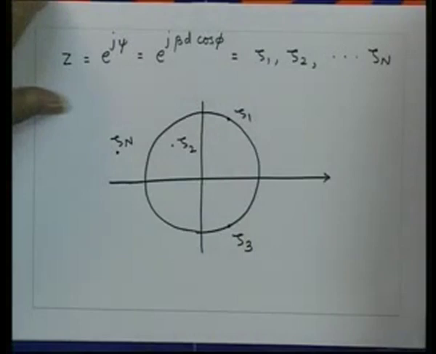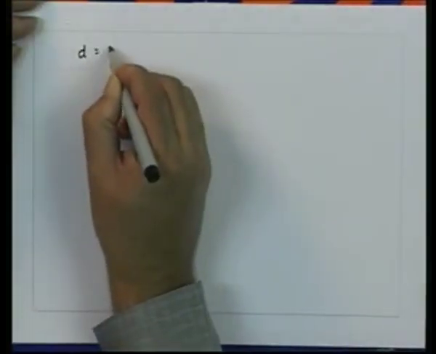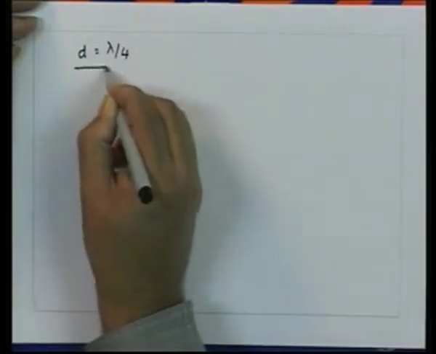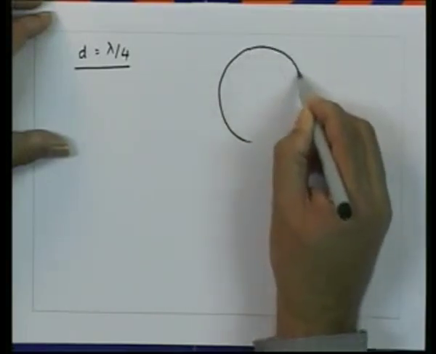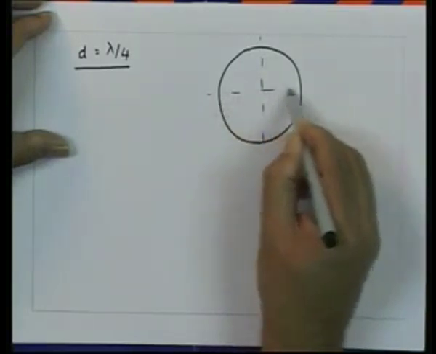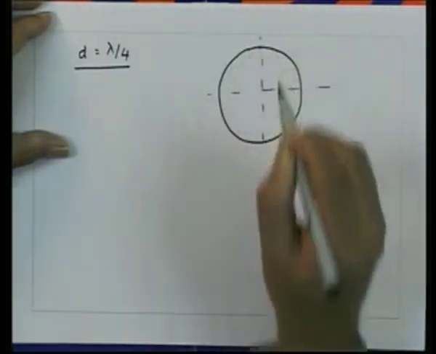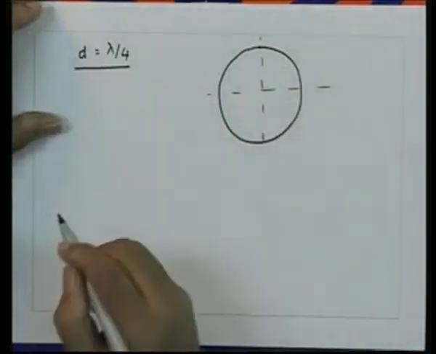So I can write this circle. If I take d equal to lambda by 4, this would correspond to pi by 2, which corresponds to plus beta d for d equal to lambda by 4.